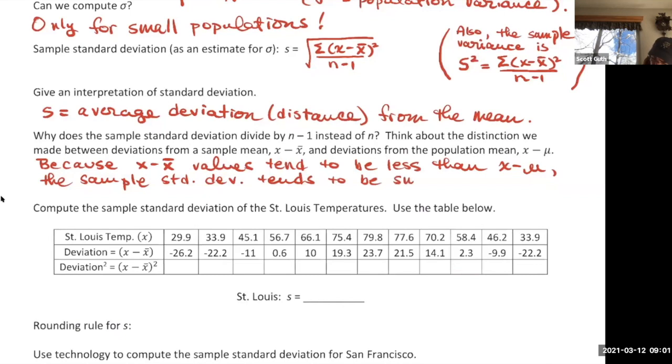Let's say smaller than the population standard deviation, which is sigma. Let me put the symbol for sample standard deviation, that's S. So the sample standard deviation S tends to be smaller than sigma.